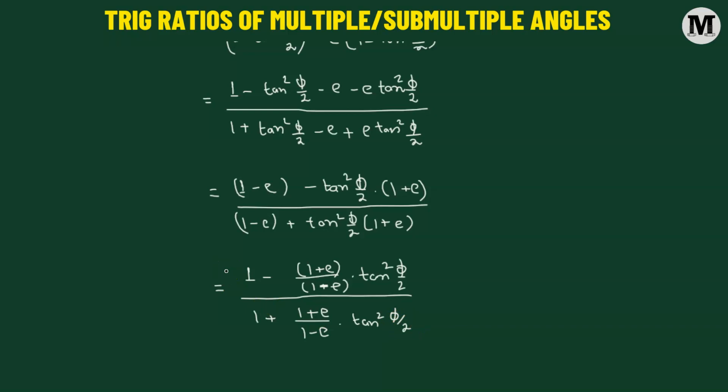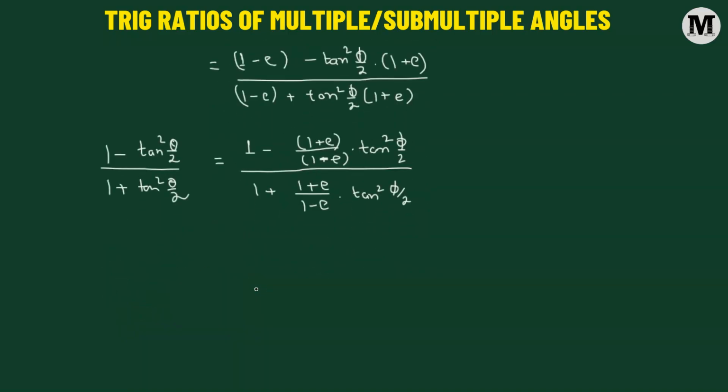And on the left hand side we have the expression 1 minus tangent squared theta over 2 divided by 1 plus tangent squared theta over 2. Now if we compare both the two sides, we can immediately say that tangent squared theta over 2 must be equivalent to (1 plus e over 1 minus e) times tangent squared phi over 2.